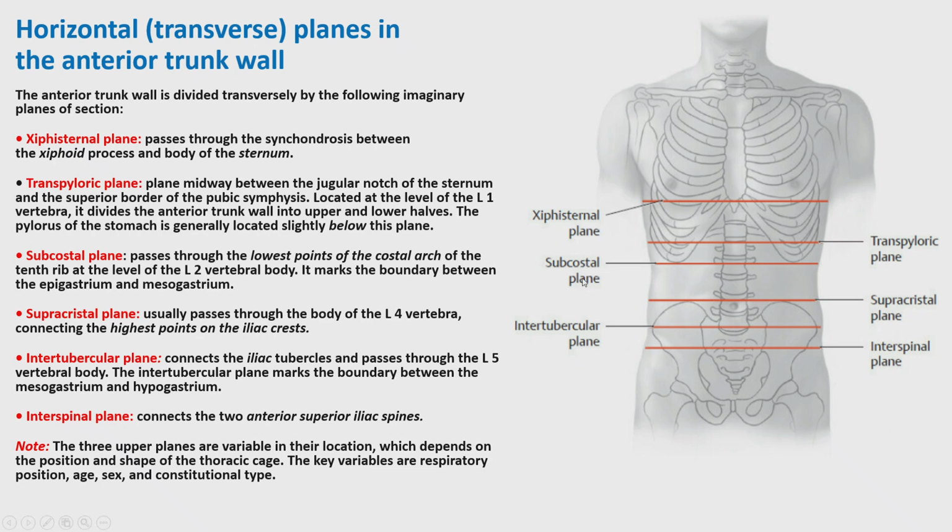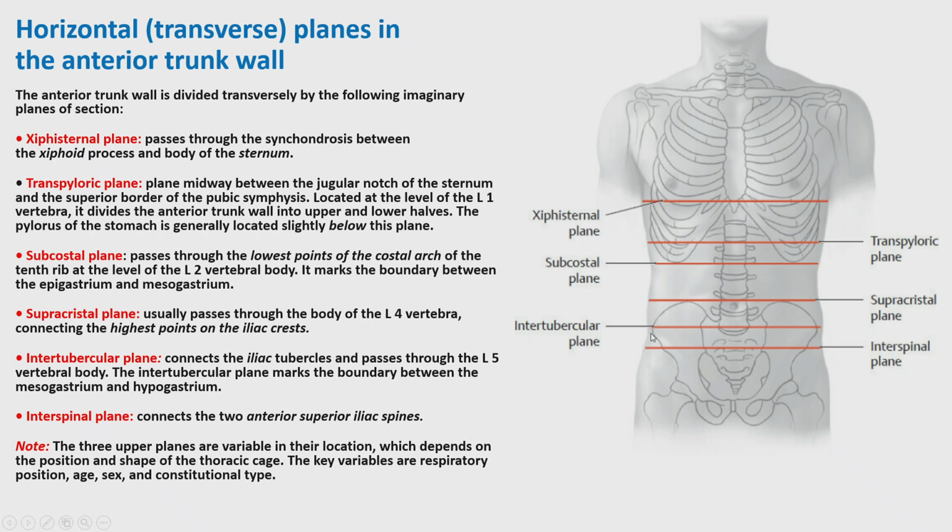Then there is a subcostal line, and this subcostal horizontal line passes through the lowest point of the costal arch, connecting these two costal arches, approximately rib number 10, at the level of the L2 vertebral body. And this is the line which separates the epigastrium from the mesogastrium that we are going to discuss.